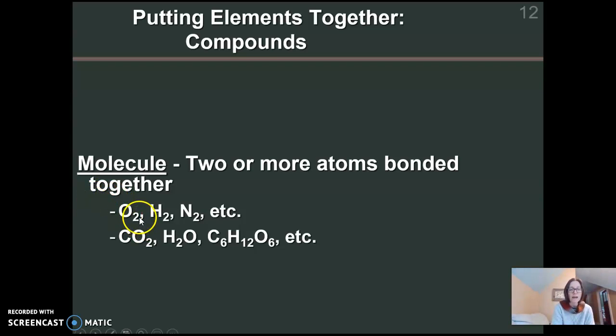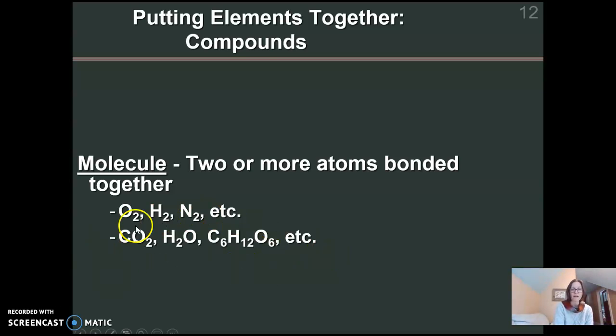This says that we have 2 atoms of oxygen, and they're bonded together. There's oxygen, oxygen, O2. Same with hydrogen: hydrogen, hydrogen, H2. Nitrogen, nitrogen, N2. Those are some common forms of those elements that we find bonded together. Those are called elemental molecules, where it's just the same element.